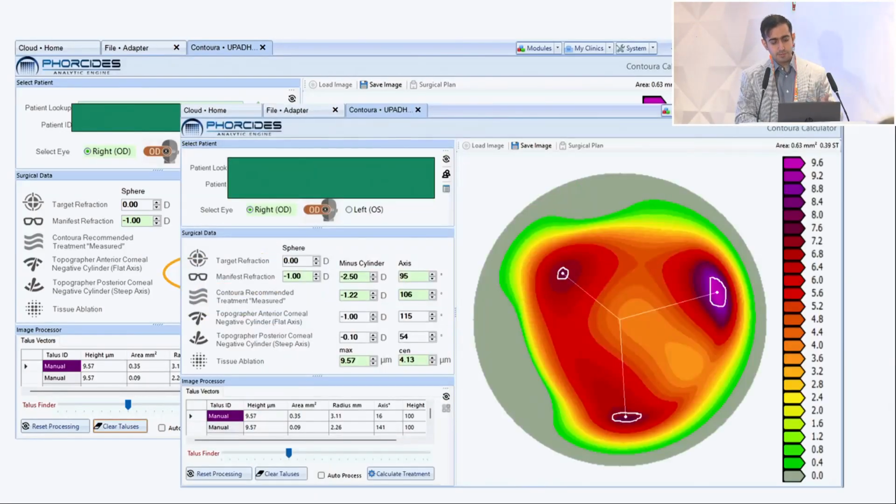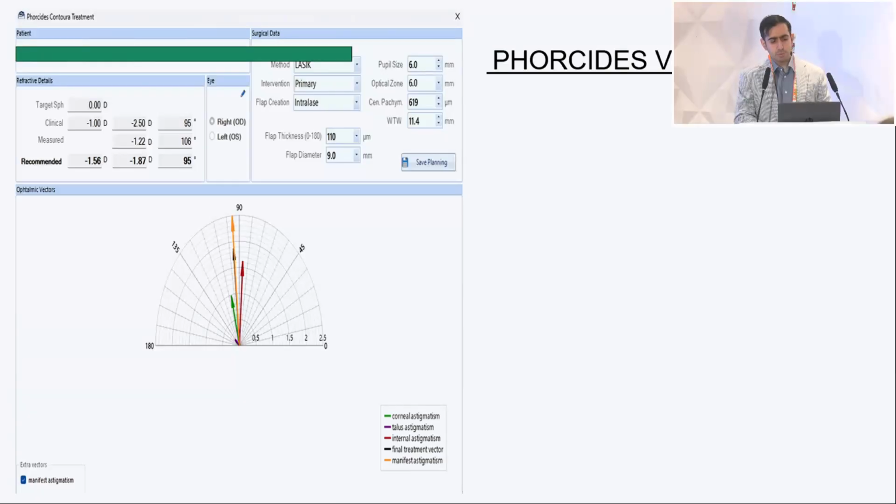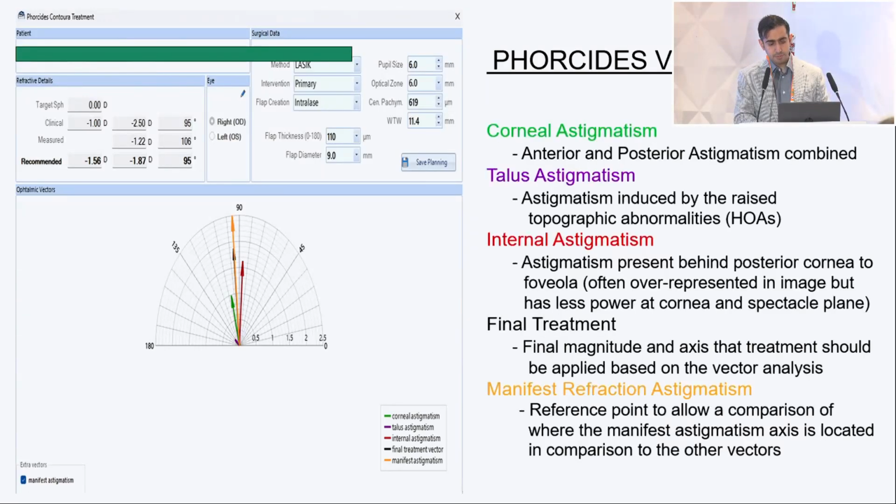So we fed in the values from the Pentacam for the anterior and the posterior. It takes these into account as well, and this is what it comes up with. It gives you a recommended treatment which takes into consideration all these different vectors. If you can see those arrows on the left side of the screen, the manifest refraction astigmatism is shown in the yellow arrow.